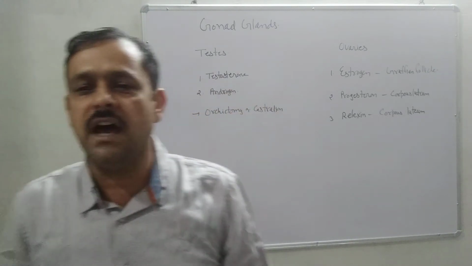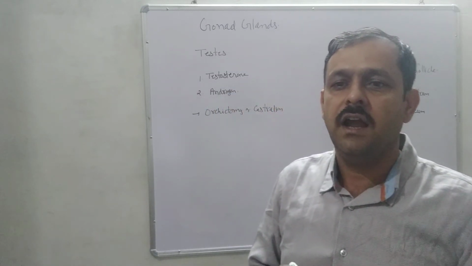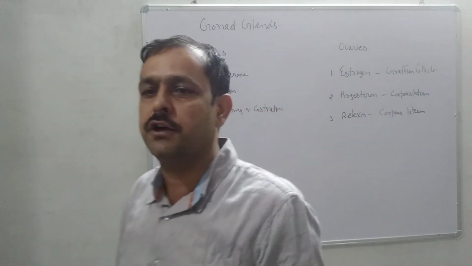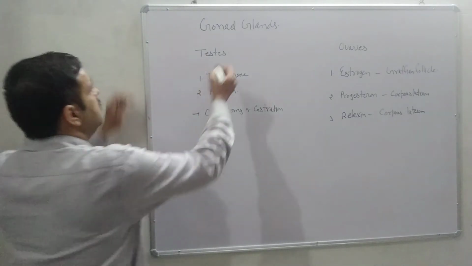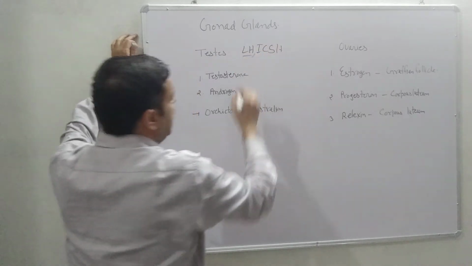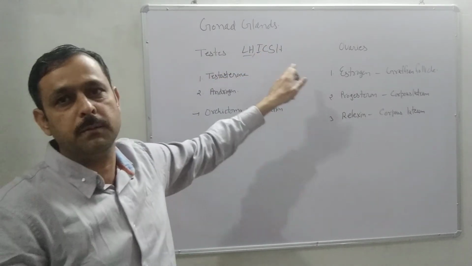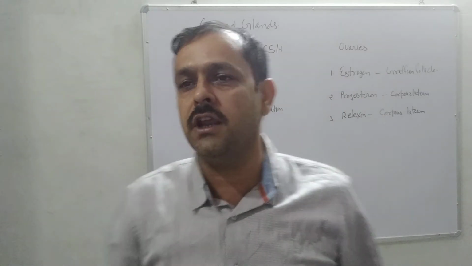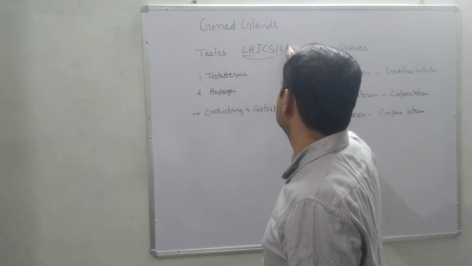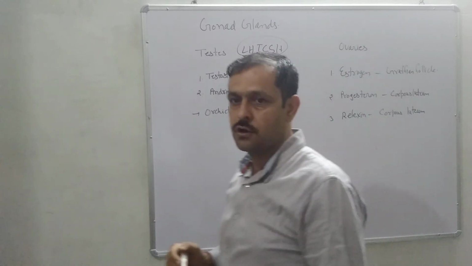These are responsible for secondary sexual characters, and the secretion of these hormones is controlled by LH and ICSH. LH means luteinizing hormone, ICSH interstitial cell stimulating hormone, which is secreted by the pituitary gland, and these two hormones control the testosterone and androgen.